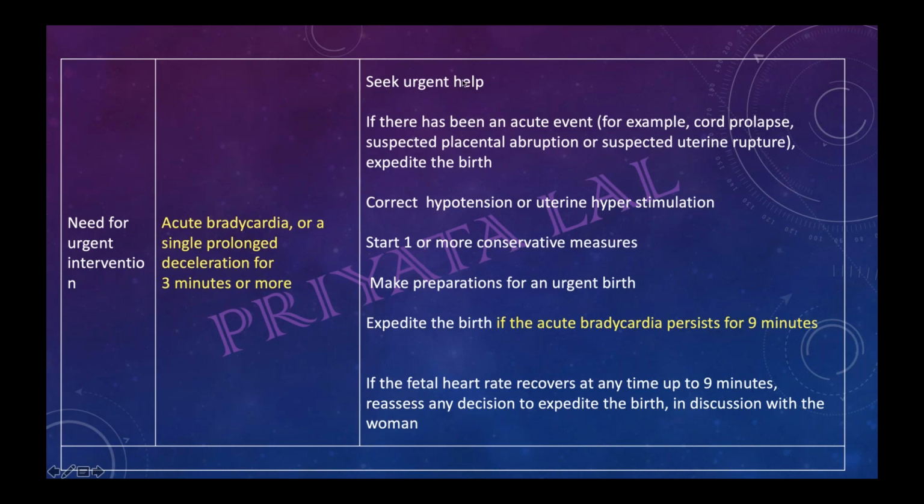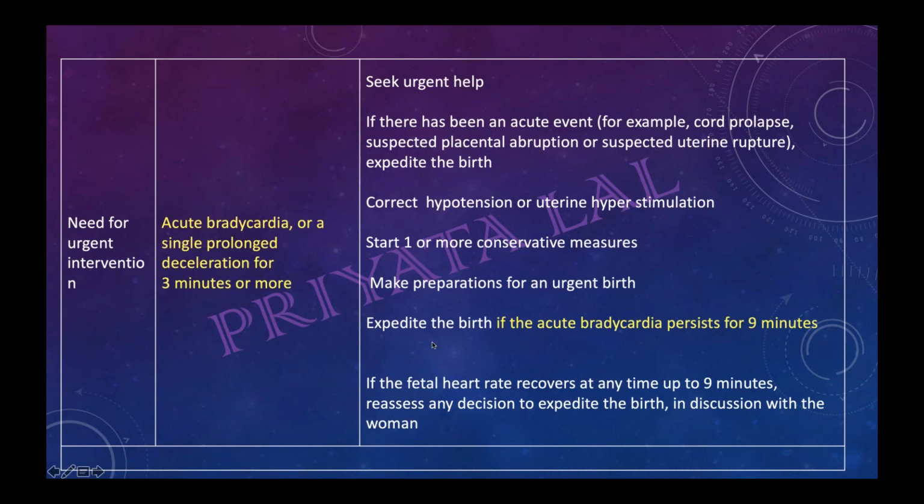Call for help. Then if you think it is hypotension or hyperstimulation, start with the conservative measures. You have to make preparation for urgent birth, but if the bradycardia persists for more than 9 minutes, then you have to do expedition.